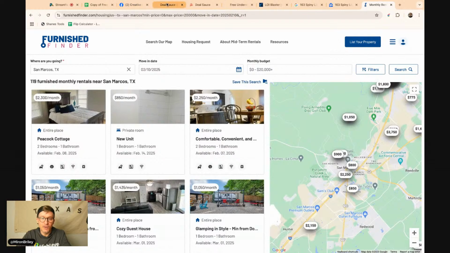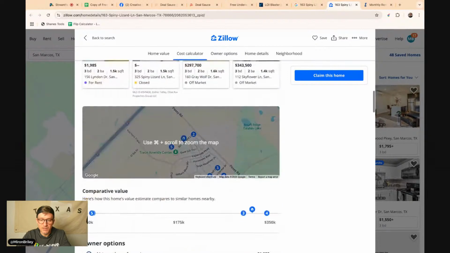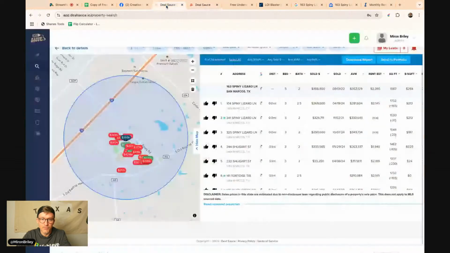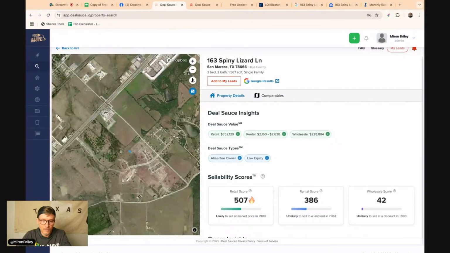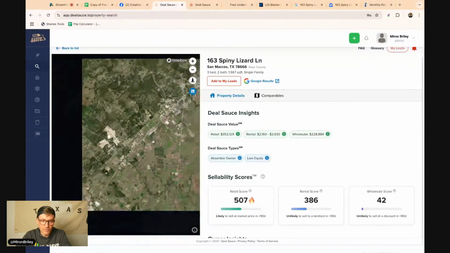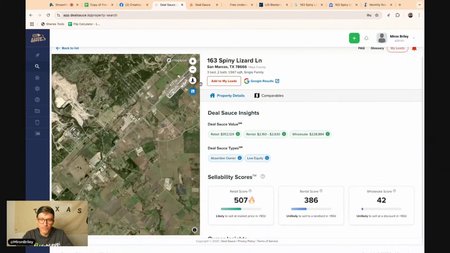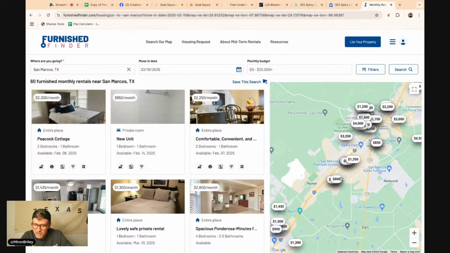So what I'm gonna do now, I'm gonna see where this thing is. I think it's like over here. San Marcos Premium Outlets. Did we see that?